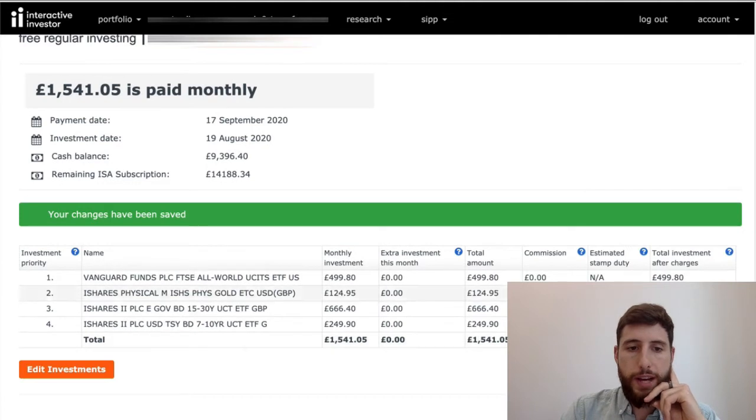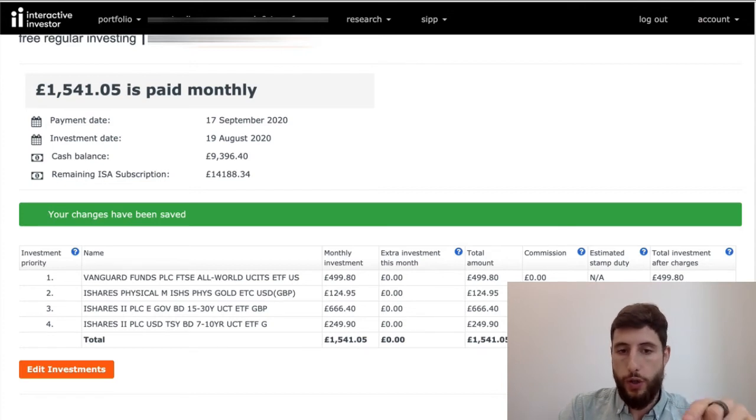Now, the first thing you might notice is that there's 4 in here and not 5. The reason for that is that in this particular example, the commodities that's been chosen, because you can't see any commodities here, wasn't an option when regular investing. And some of you are going to find this in your particular funding platform.